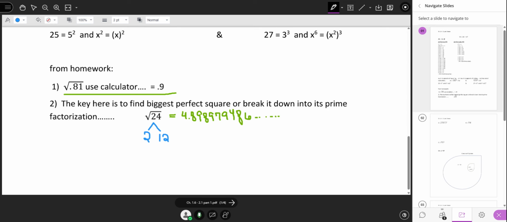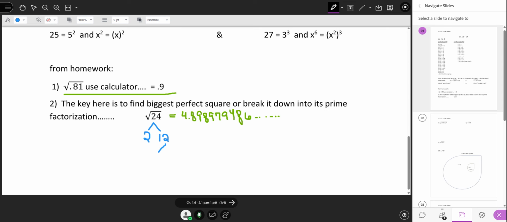And I don't like that, because you lose numbers when you do that. So always make sure you've got a prime number like 2, 3, 5, 7, 11, 13. Put something that does not break down any further.